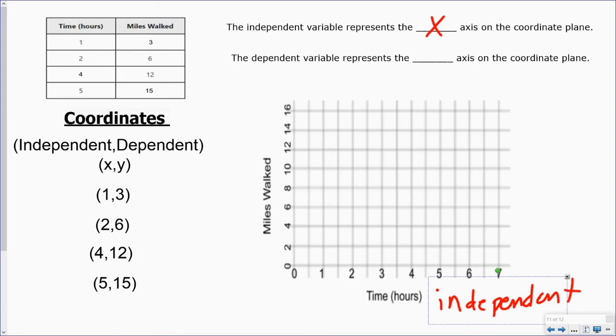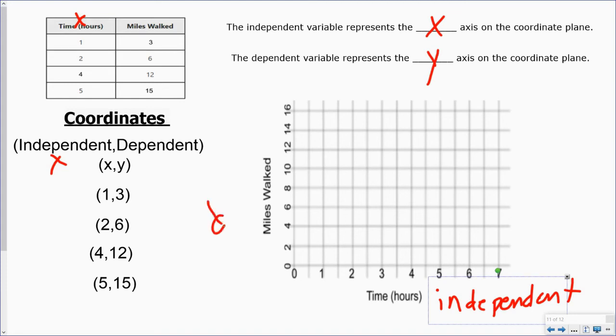And again, because it's also the x up here, it's the x here. So it just makes sense that it's the x-axis for the graph as well. And the dependent variable is the y-axis on the coordinate plane.